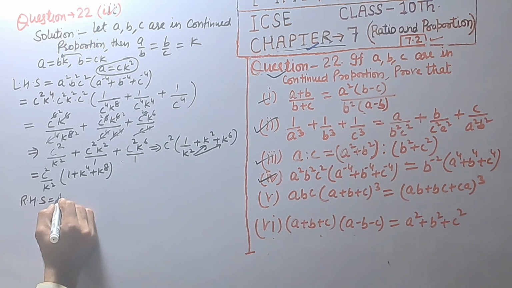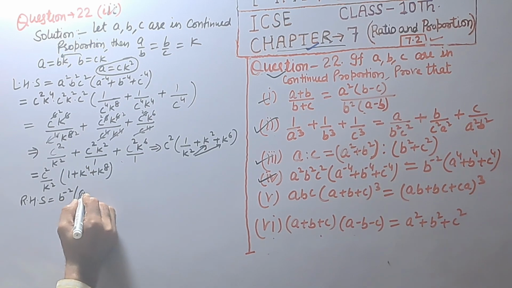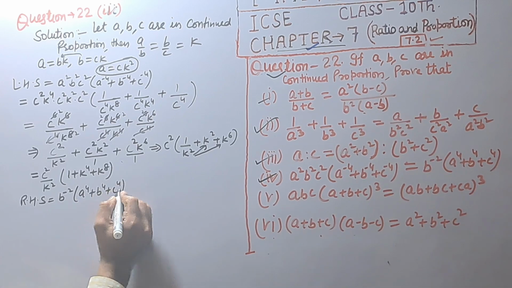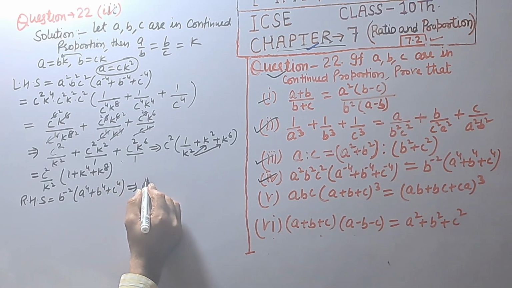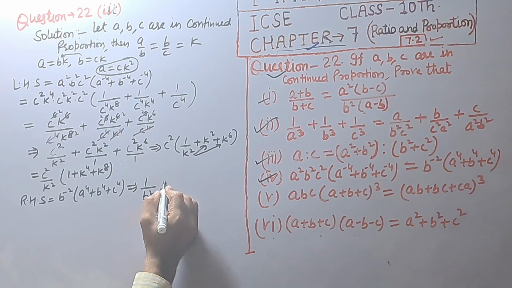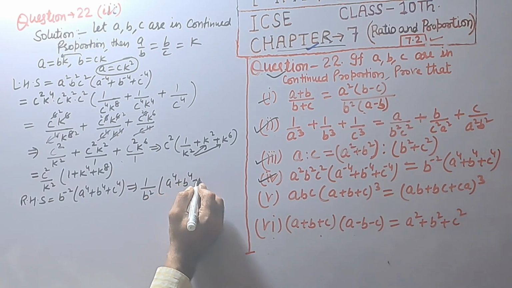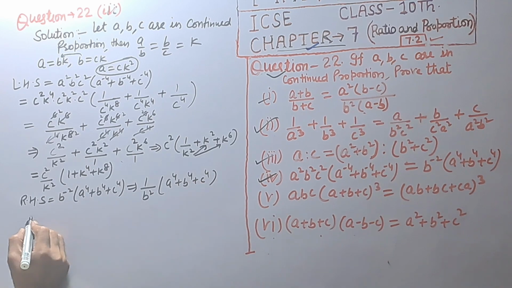Right hand side is equal to b raised to power minus 2 into a raised to power 4 plus b raised to power 4 plus c raised to power 4, which implies 1 upon b raised to power 2 into a4 plus b4 plus c4.